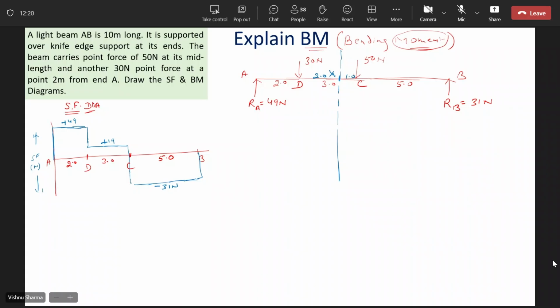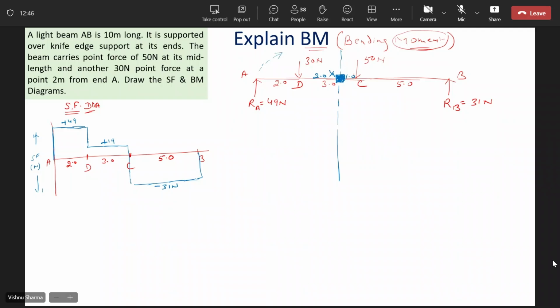Now about X, first tell me, guys, is 49 newtons going to cause a clockwise movement or anti-clockwise movement? We are taking moments about this point where I've made this square. Can you visualize now in the diagram? It is going to cause a clockwise movement, correct.